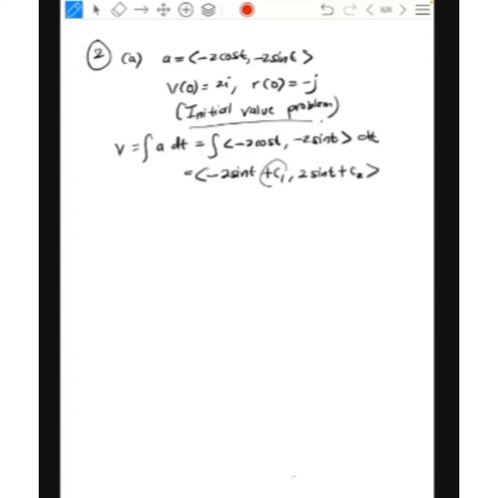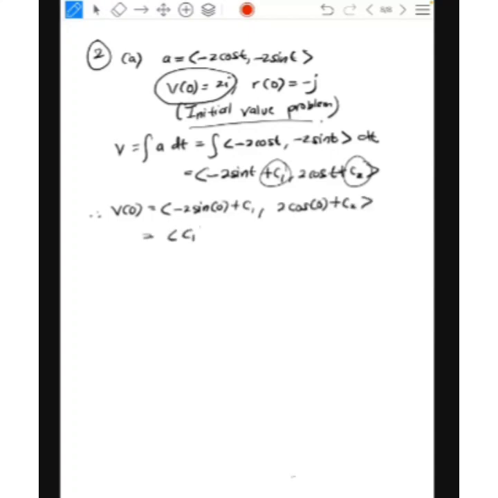Okay, and then we have to find the values of c1 and c2 using v naught. So v naught equals negative 2 sin 0 plus c1, and 2 cos 0 plus c2.